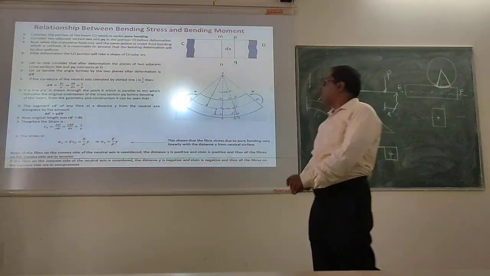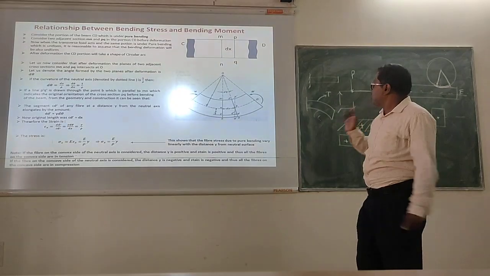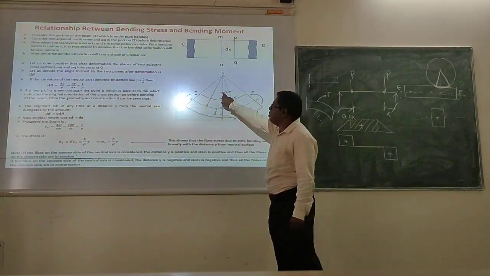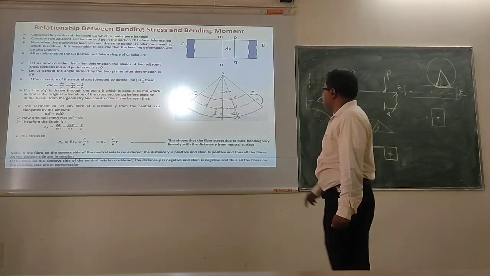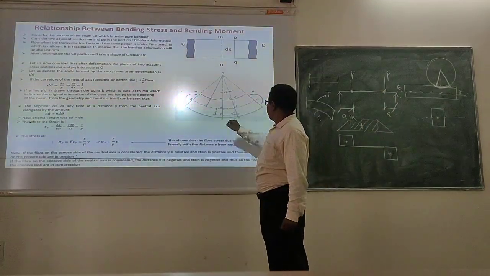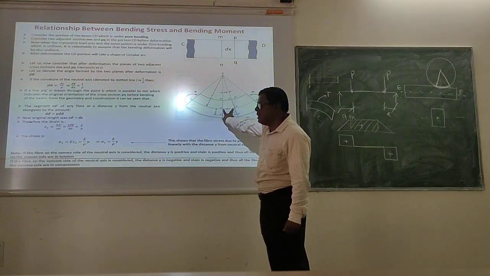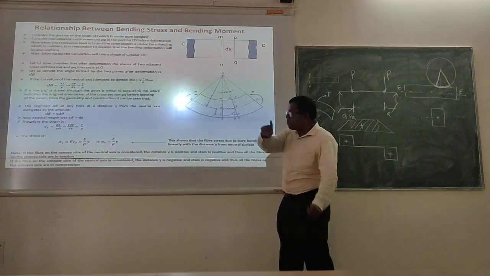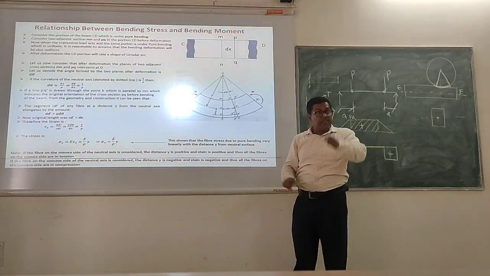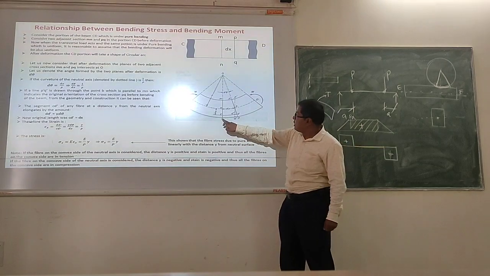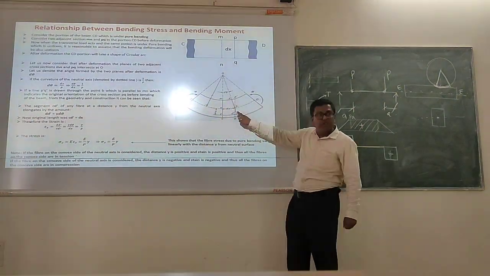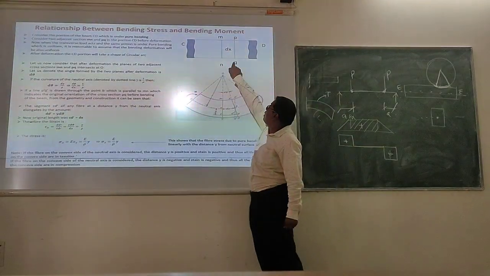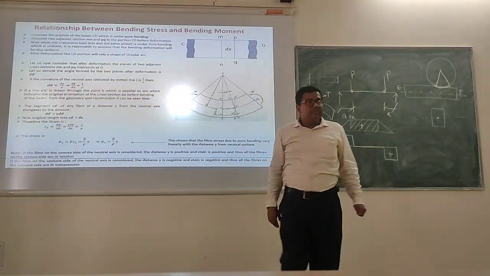Now, geometry mapping. What will be the value of d theta? If I take this as dx, please try to understand very clearly. This is coming from geometry. This is your MN, this is your PQ. Between MN and PQ, what is the length?